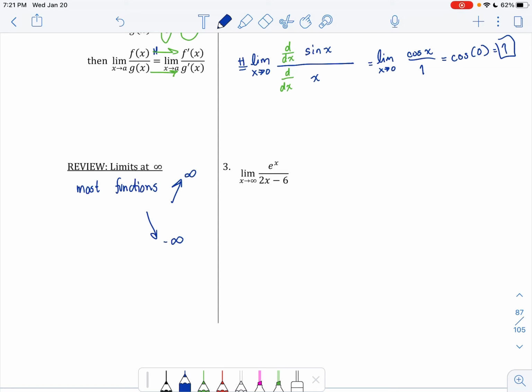And this is true of most functions, unless there is a horizontal asymptote. And if you remember, horizontal asymptotes happen with rational functions, and they happen with exponential functions. But not all.